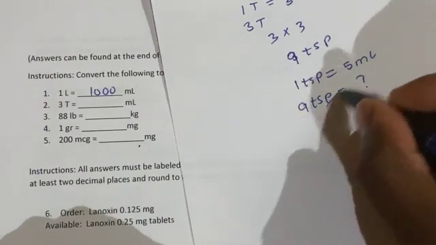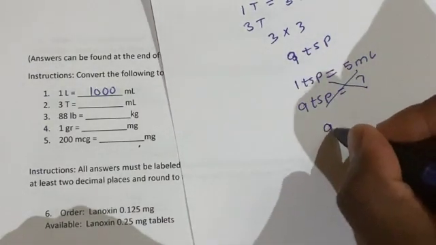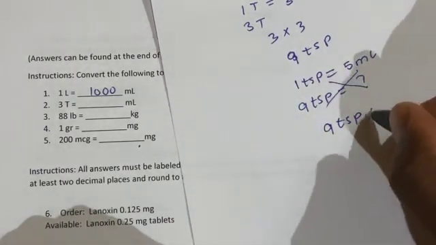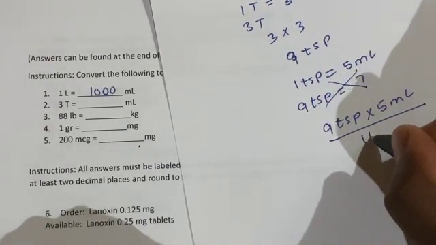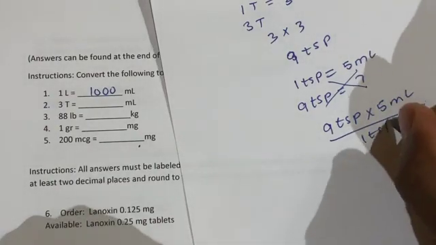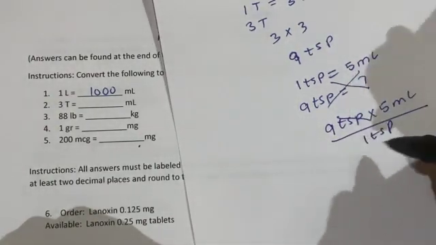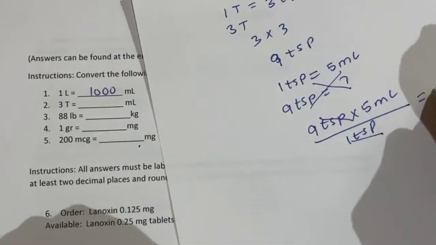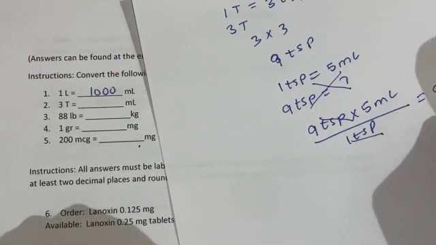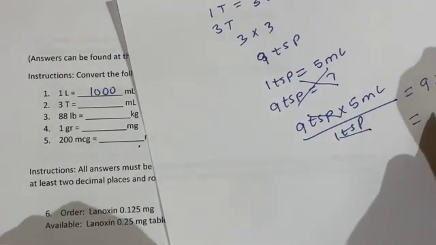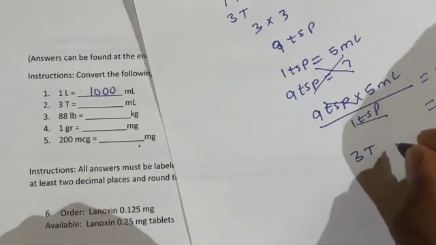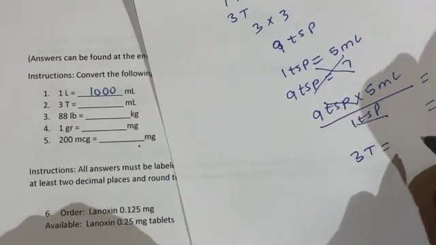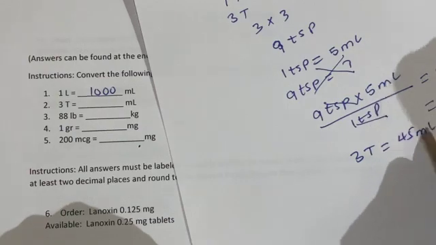We cross multiply: 9 teaspoons times 5 ml, and we divide by 1 teaspoon. So we have 9 times 5 ml, which is 45 ml. So 3 tablespoons is the same as 45 ml.